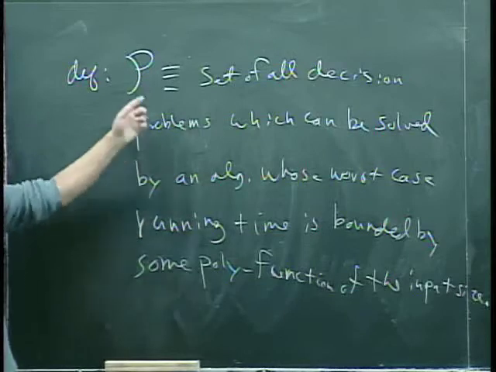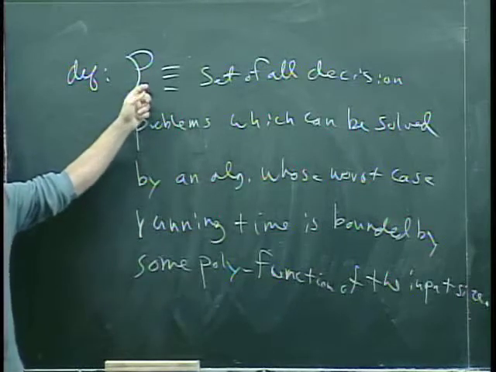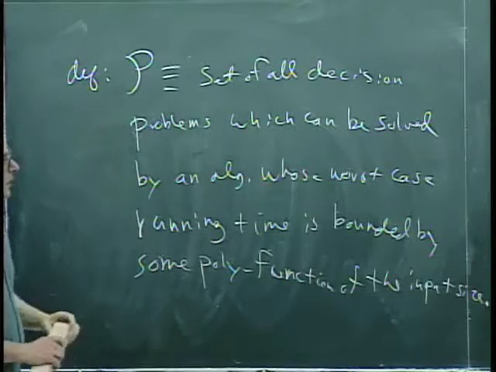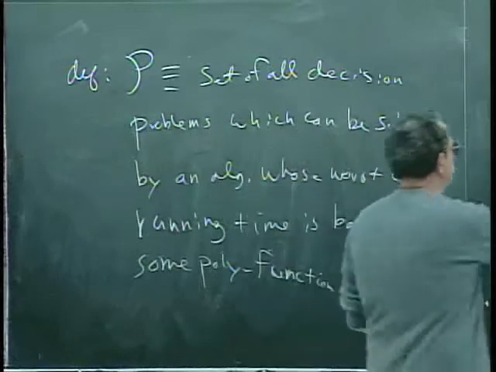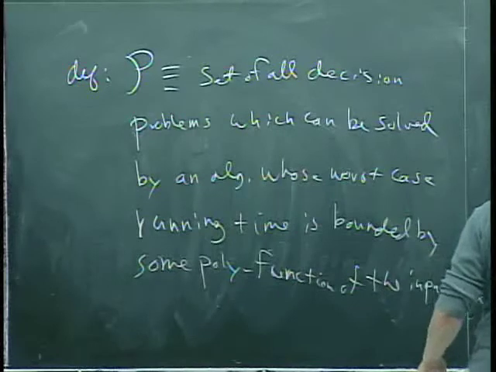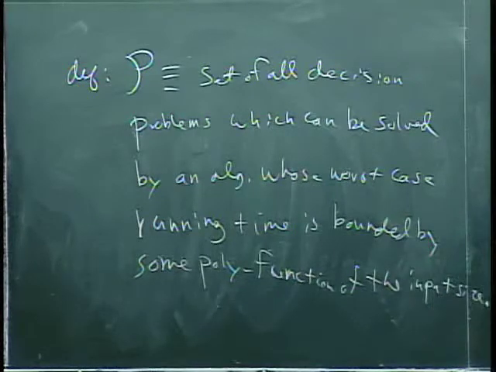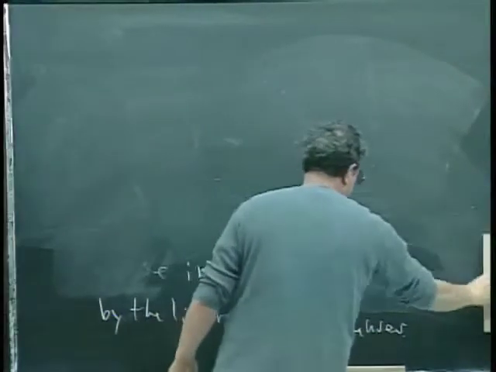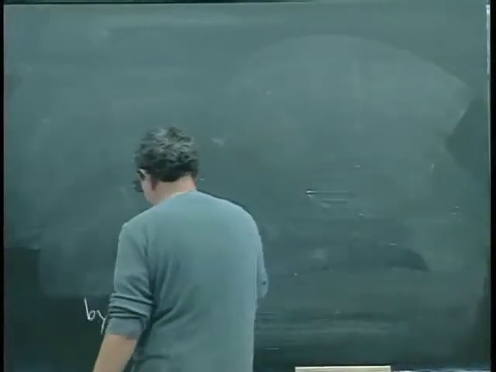So we're quite familiar with this class P. Those in P are the good guys. All right. Now, unfortunately, not all problems have solutions that are known to be in the class P.